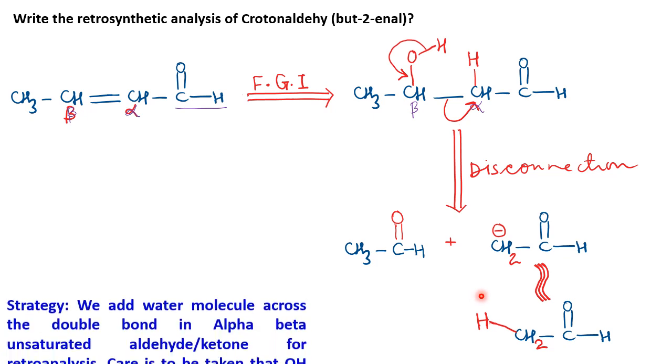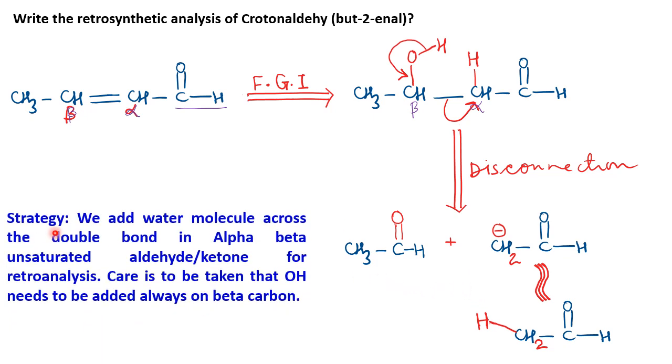Remember that the strategy we used is to add a water molecule across the double bond in the alpha beta unsaturated aldehyde or ketone, and you must take care that OH is always added on the beta carbon. So here we have this OH, and then you use the disconnection approach.